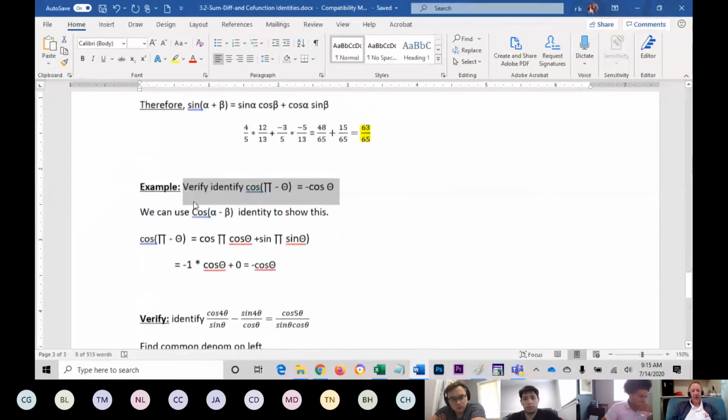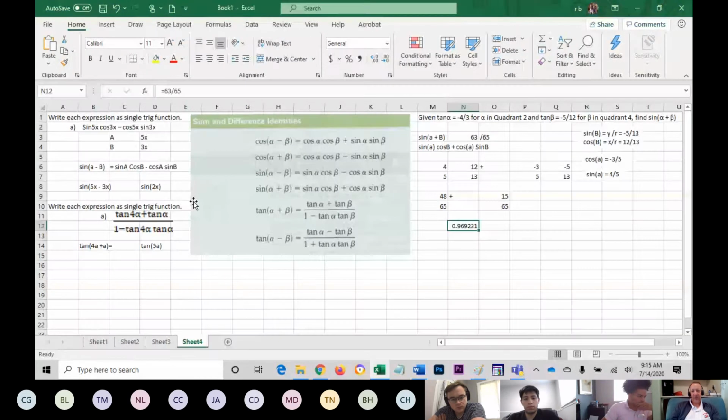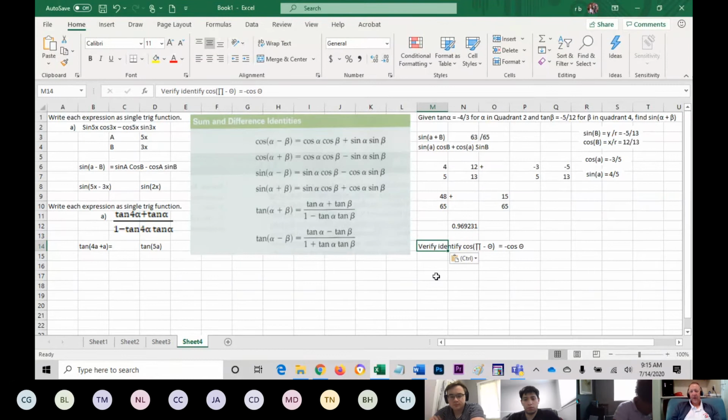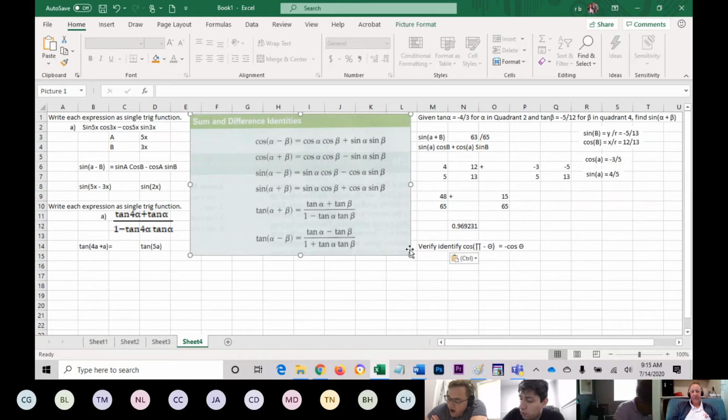I think it's good for you guys to work through these because you need practice. We'll go a little bit faster though. That's going to be this one here, the first one.